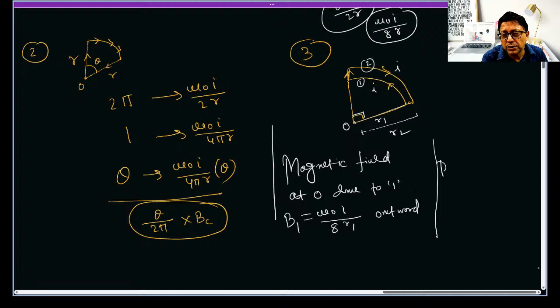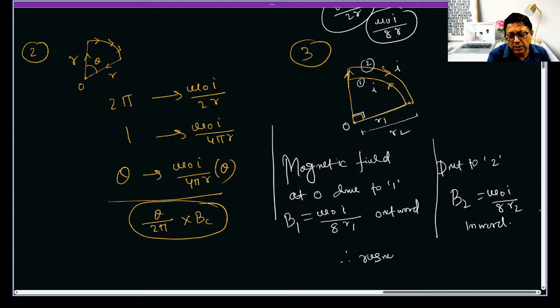And due to wire 2, B2 will be what? Mu0 I by 8R2. This will be directed in what direction? This will be inward.